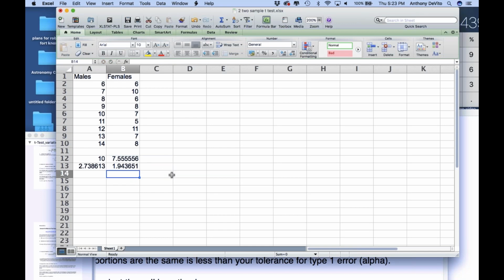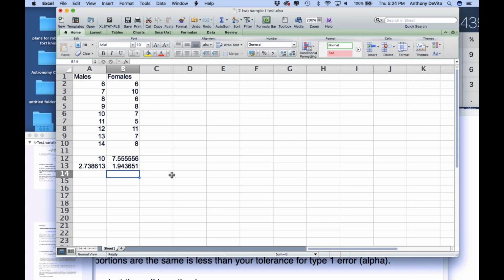Remember what general rule I gave you before: in order to say that they're unequal, you probably would want one to be at least double the other. It's not quite double, so I would make the assumption that the standard deviations are equal, and use the formulas on that first page where we're working with equal standard deviations.